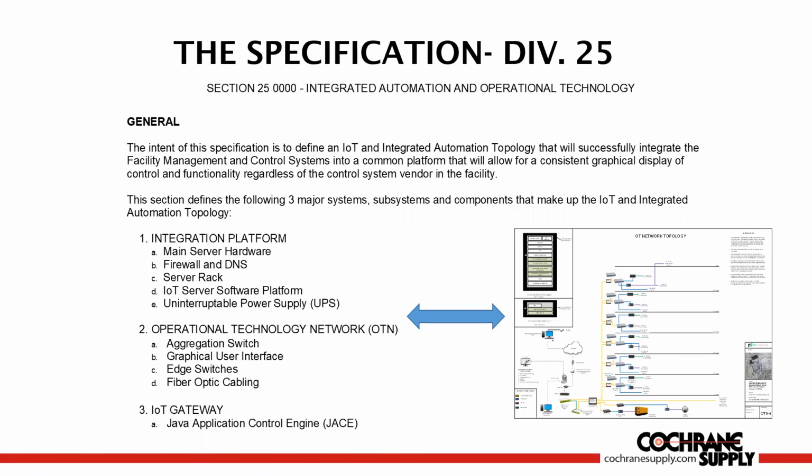But this gives a real good idea to a contractor of what the integration process is going to look like. So we've been recommending that every designer with a large integration project, make sure you put a systems integration drawing in your set of documents and use Division 25.